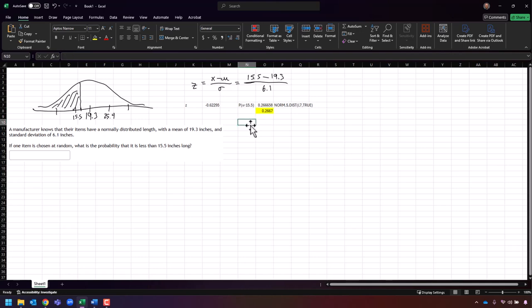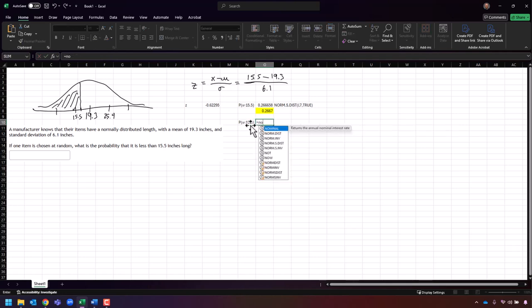Now, we're learning here that I can find the area of x being less than 15.5 by using a different distribution. If you notice, I start typing normal here, and I've got a normal distribution and a normal standard distribution. Now I can use a normal distribution and just put in a value here. We're interested in 15.5.